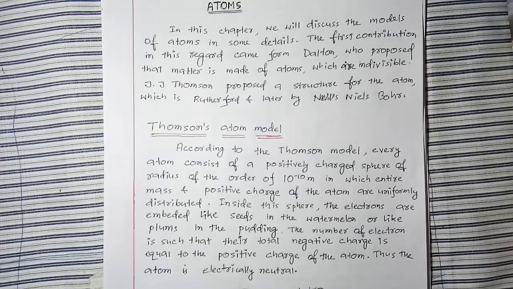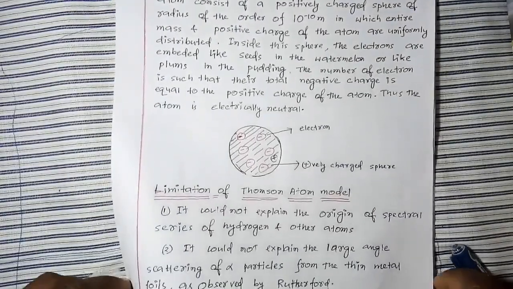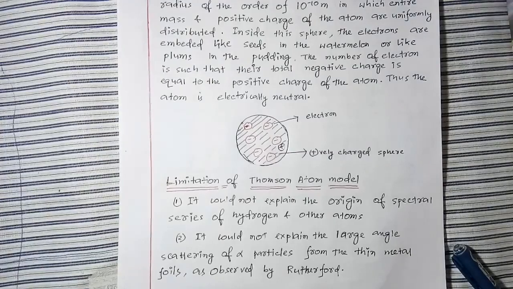In a similar way, in an atom, the whole positive charge is uniformly distributed, and the negative charges are embedded over it, right? The negative charges are embedded like the seeds in the watermelon. Is it okay? And in this case, the total positive charge is always equal to the total negative charge of the electrons, and that is why the atom is electrically neutral.